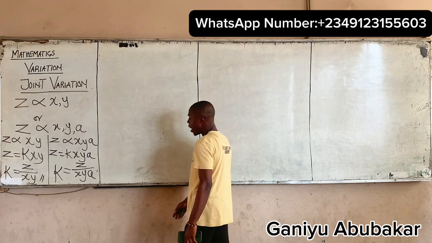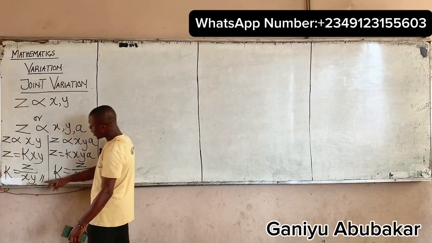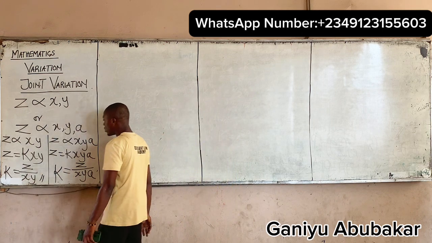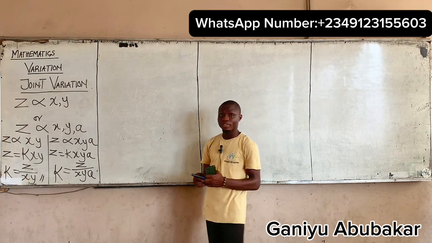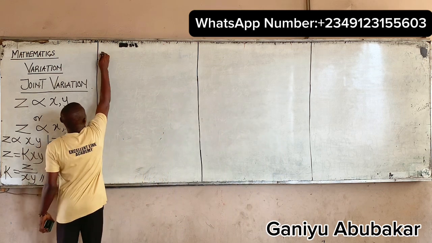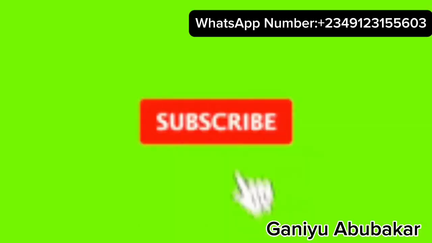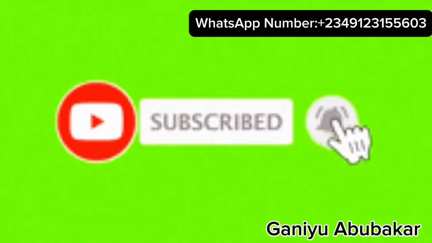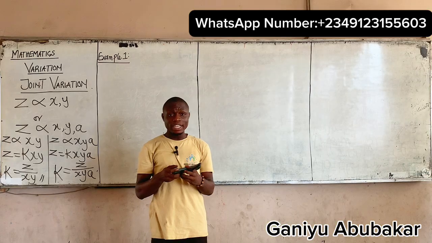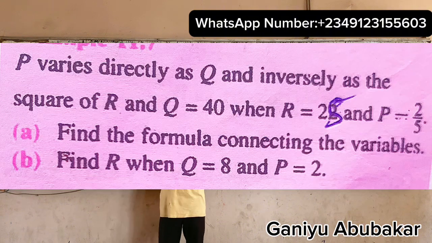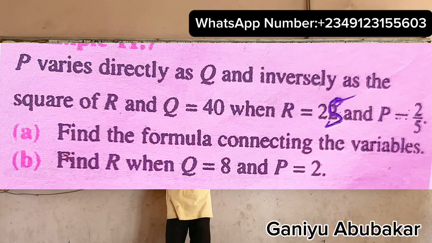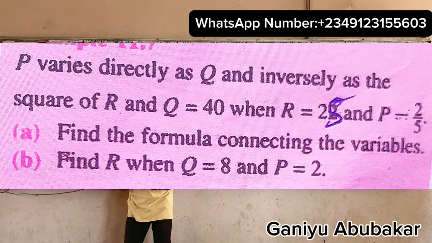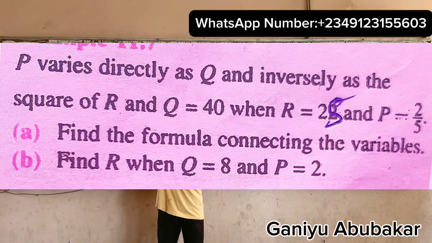All right, let's look at several examples and see how we can evaluate problems of this nature. Example 1, please. P varies directly as Q. Observe the word varies directly as Q, but mind you, it is not just a direct relation, it is a joint relation. Why?